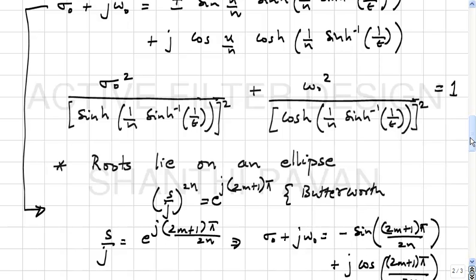By just setting, I have a knob, epsilon. If I turn epsilon down, what happens to the ripple? If I reduce epsilon, the ripple decreases. So in the limiting case, when I make epsilon tend to 0, the upper and lower ends of the pass band will merge, therefore becoming as flat as possible.